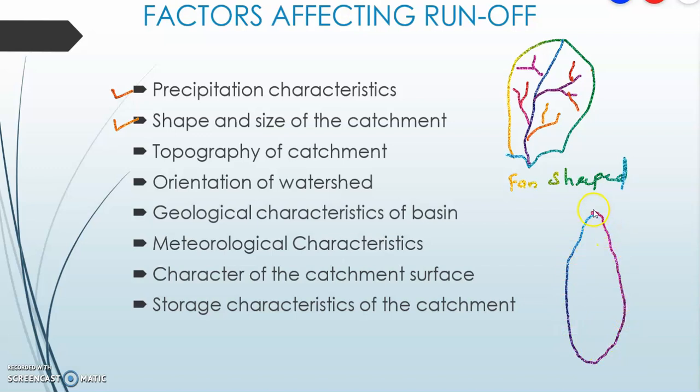Suppose this is the shape, and this is the main stream, and these are the small streams. Now in this case, if you see the streams from the boundary, they may have the same size in case of fan shaped. And this one is fern shape. I'll mention the name as well: fern shape.